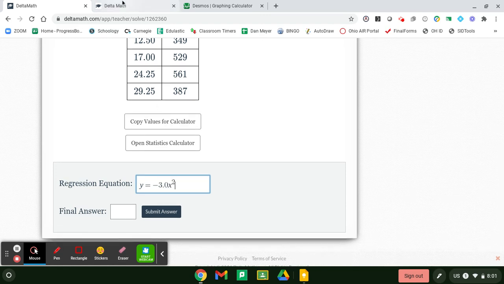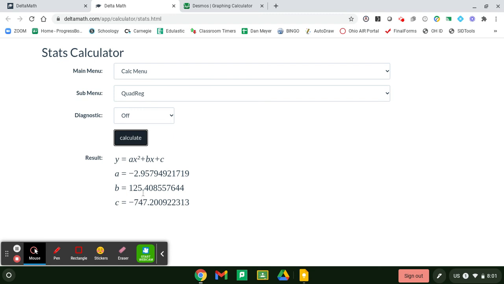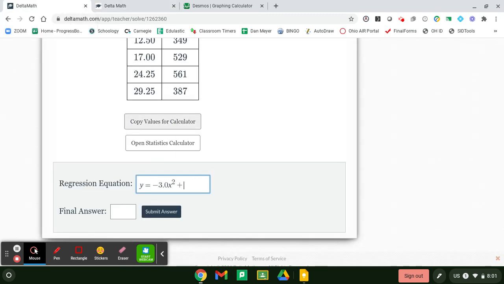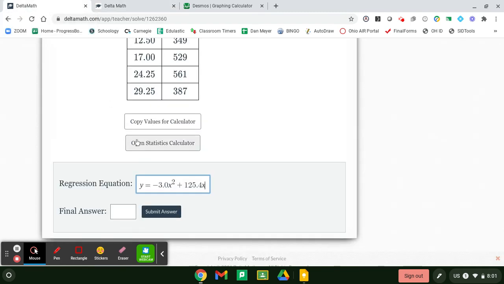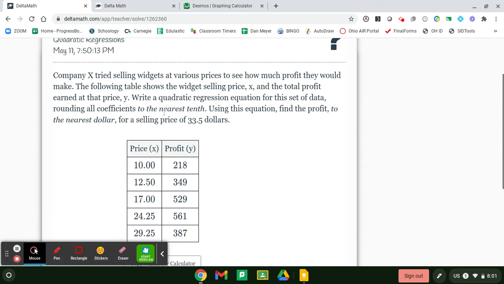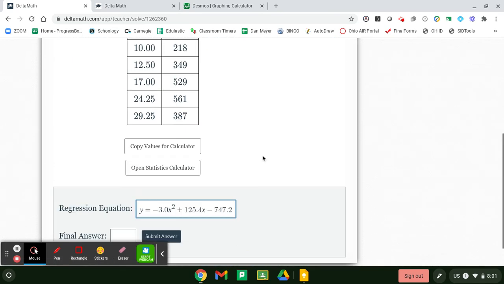Now I'm going to type in my b value, which is 125.4 x. And then on the end will be my c value, negative 747.2. Make sure you're following directions. I'm going to go back up and just verify, yes, that's to the tenth.